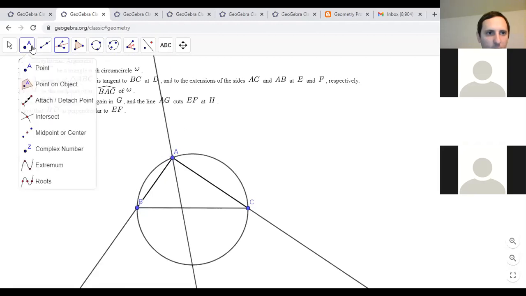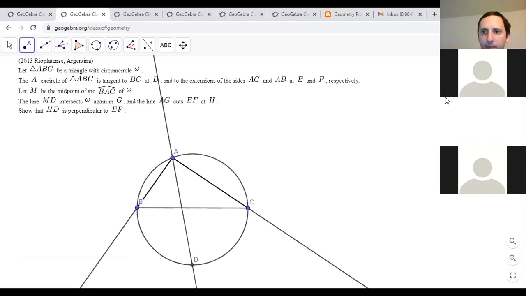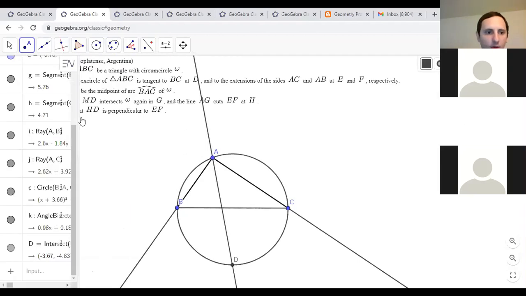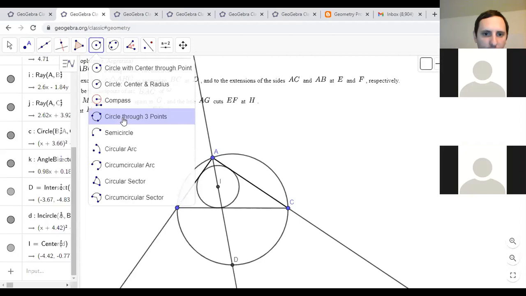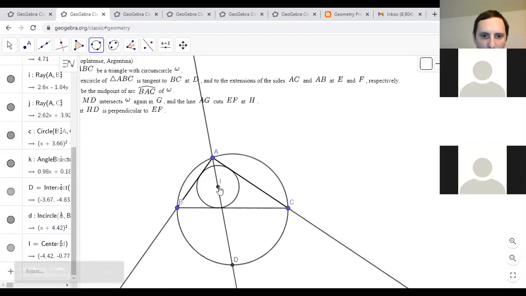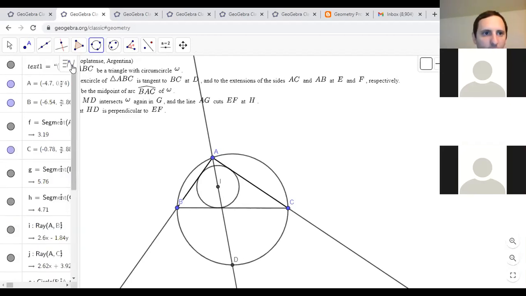Let me draw the incircle, and then I'll also draw the excircle. That's the incircle, and then for the excircle, whoops, clicked the wrong thing. Let me close out of this.